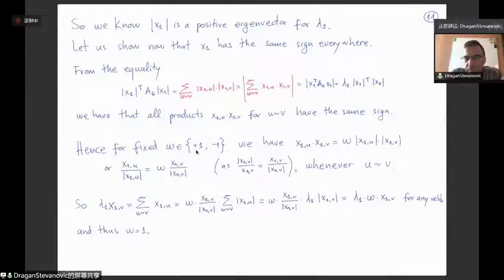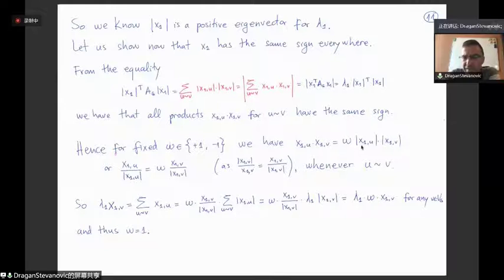So, for a fixed W from the set +1 or -1, we have that the product of these components is W times the product of their absolute values. Or, we can also put it in a normalized form: the ratio of a component and its absolute value is equal to W times the ratio of the component of its neighbor divided by its absolute value.